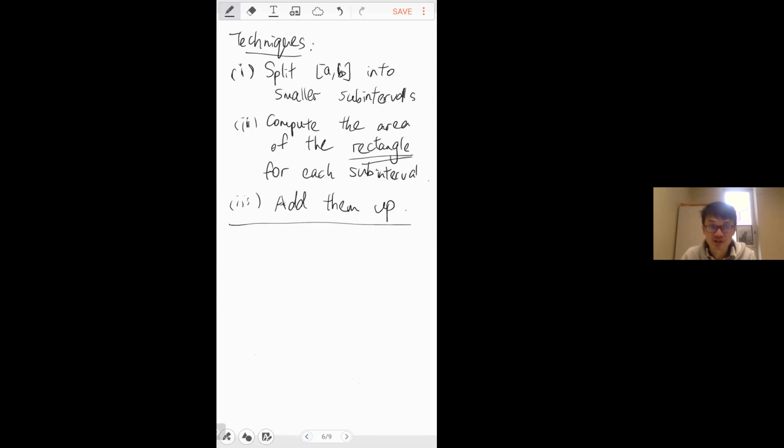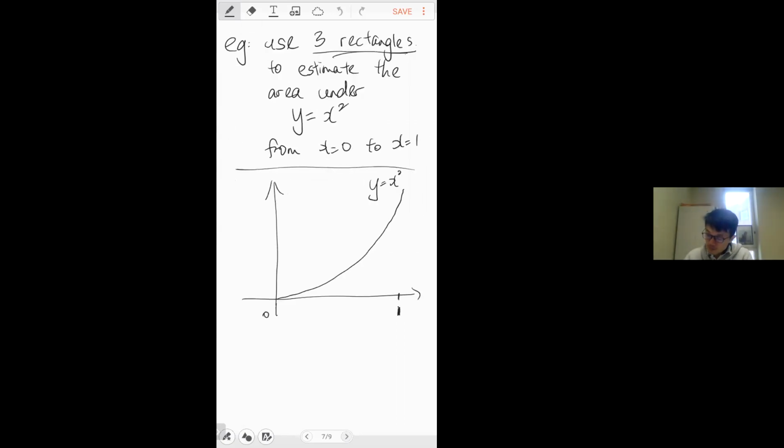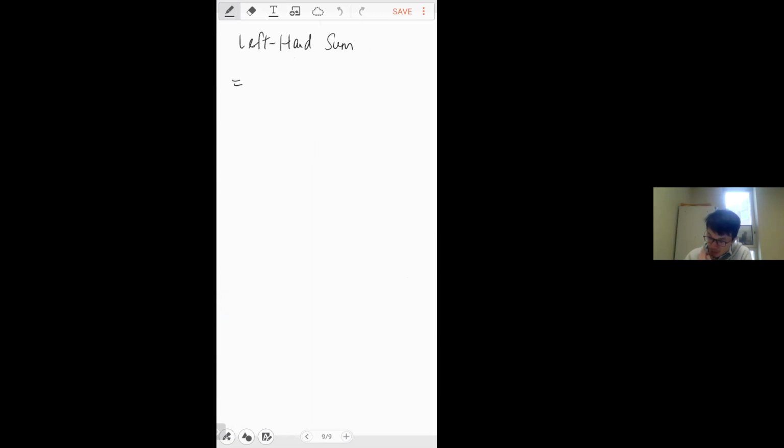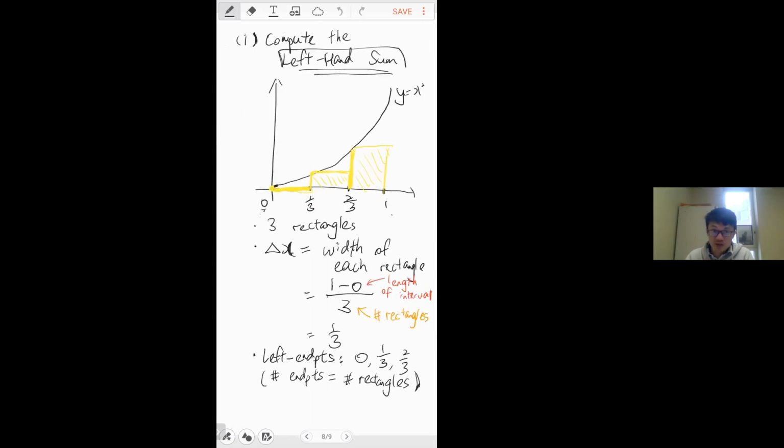I mean, yes, theoretically you can use trapezoids, but in this section we only want rectangles. Is it okay, Derek?